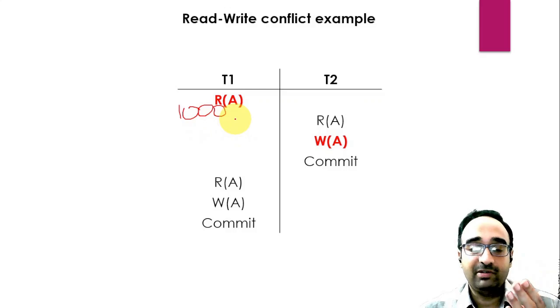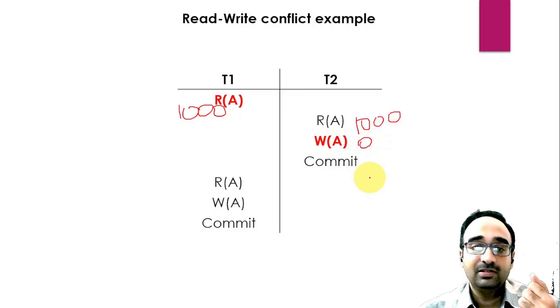Meanwhile, before using that 1000 rupees, you are checking something in the mobile. Then your family member, maybe your wife or brother or sister or someone who has access to your account, is using net banking or some other means, and they are using this 1000. So when they access, they also get 1000, and let's say this write operation is doing minus 1000 and it becomes 0. This modification means they have withdrawn the 1000 rupees and your balance became 0.